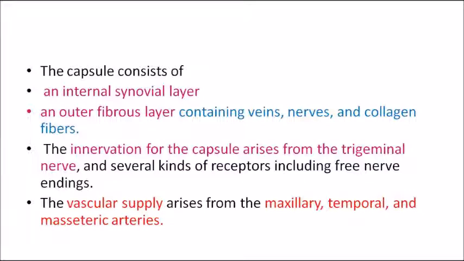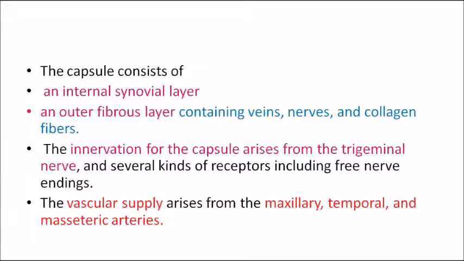So please remember, the joint capsule is the one which engulfs the TMJ. The attachments of this capsule are to the glenoid fossa or mandibular fossa, the articular eminence of the temporal bone, and the neck of the mandible. In the anterolateral portion, this capsule is thickened to form the temporomandibular ligament.